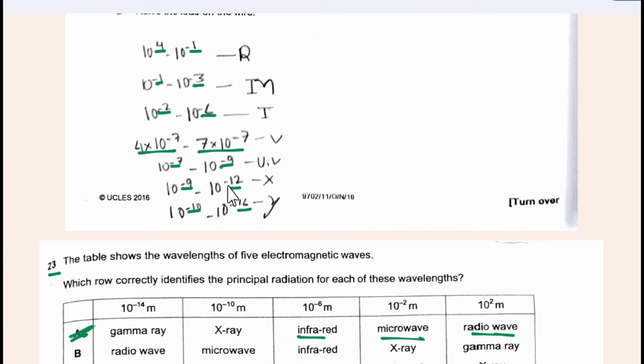Then 10 to the power negative 10 is between negative 9 and negative 12, so it would be X-ray. Then 10 to the power negative 14 is between 10 to the power negative 10 and 10 to the power negative 16, so 10 to the power negative 14 should be gamma ray. So the answer should be A.